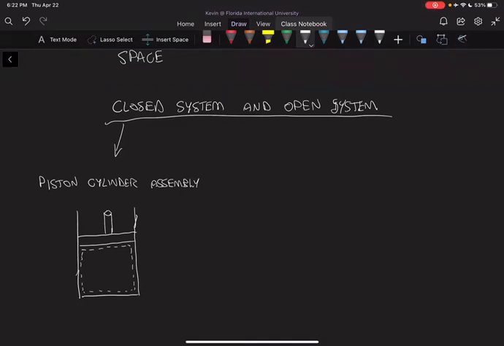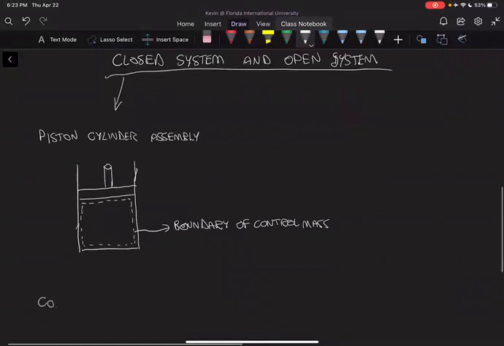This boundary is called the boundary of the control mass. And what we can say is that a closed system is actually called a control mass system.